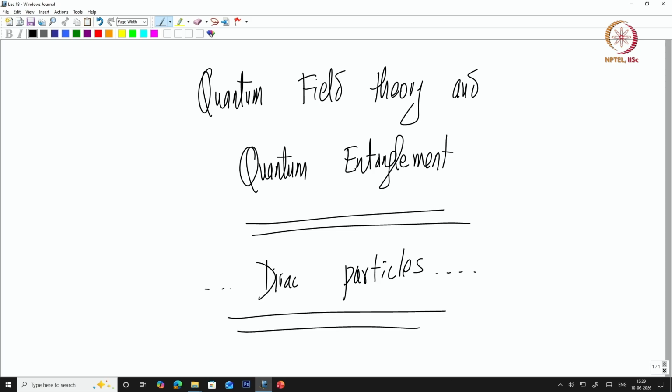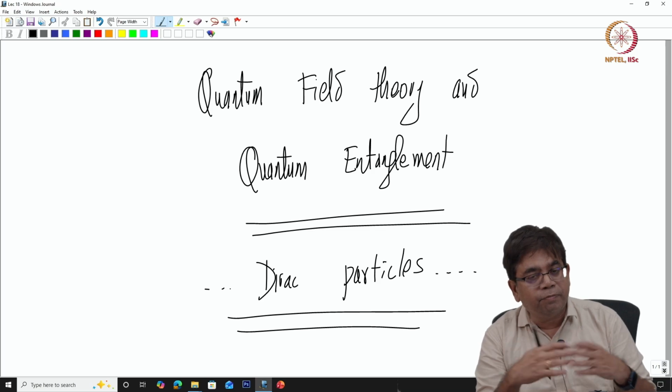did not show the details of how the Lorentz group is formed, but we showed that there is this Lorentz group because Lorentz transformations form a group. This group means it satisfies all the group axioms which we know: closure, identity, associativity and existence of inverse.